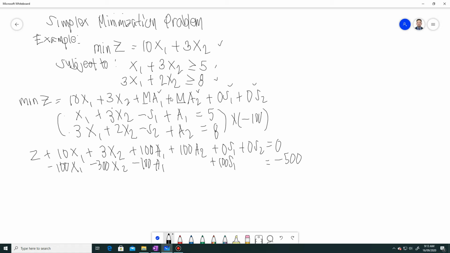And for the second constraint, it becomes 100 a2.